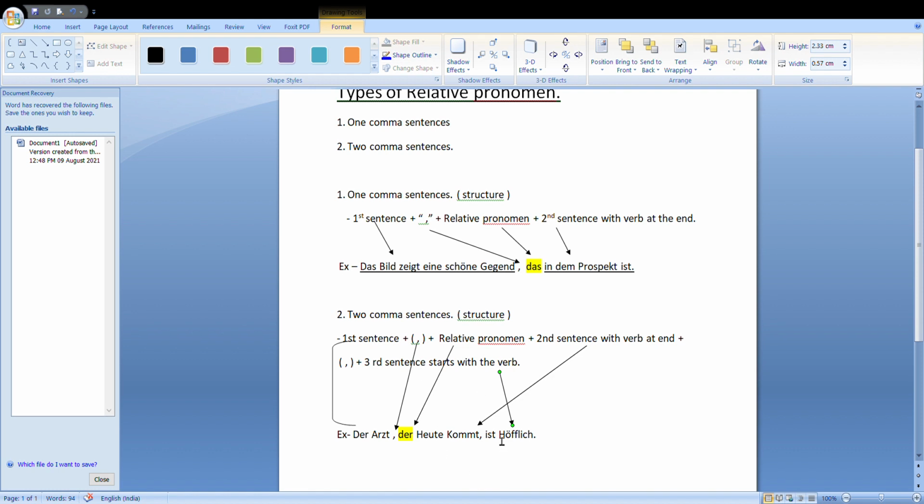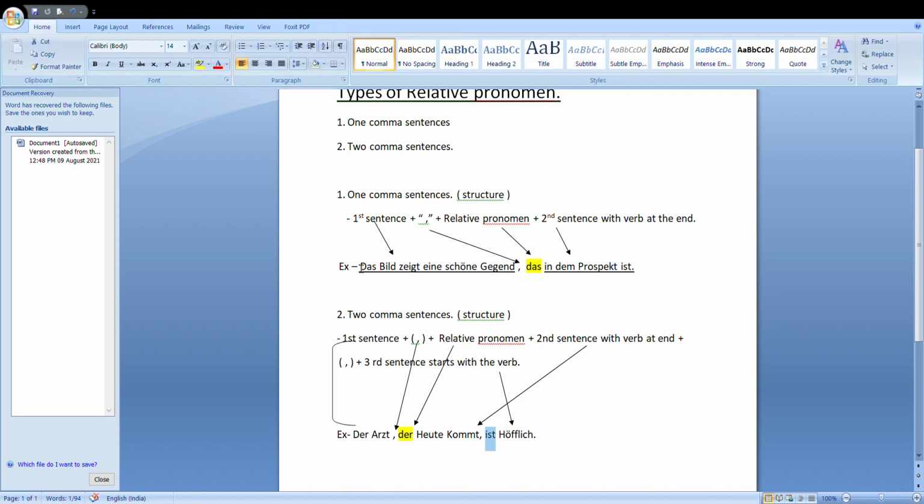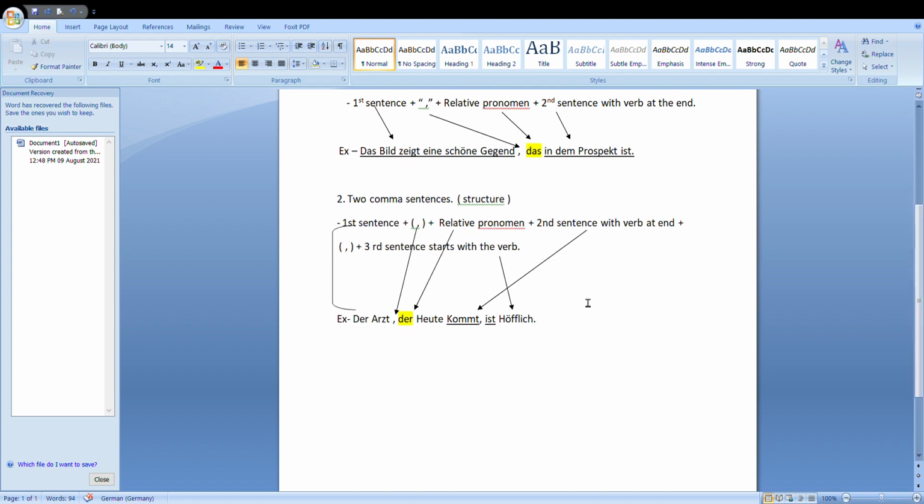As you can see, the third sentence starts with a verb and the second sentence ends with a verb. Remember this. I hope you can understand this. It is a bit confusing, but try to manage it.